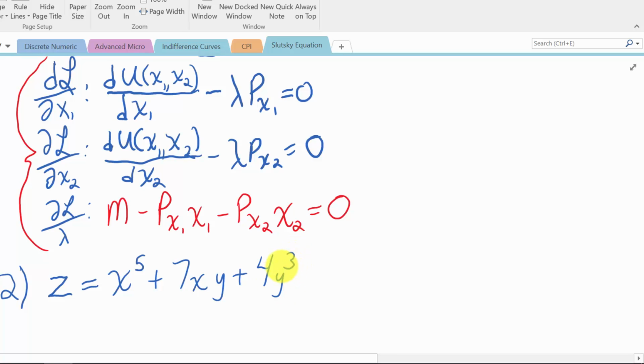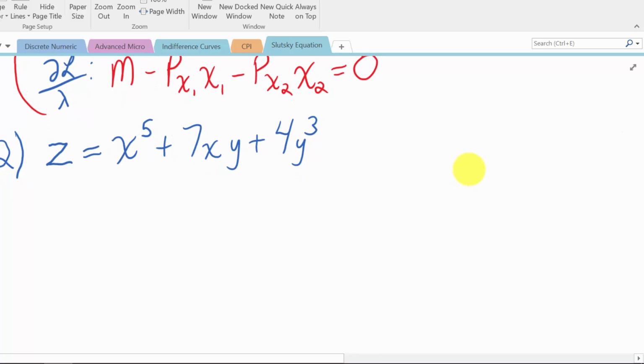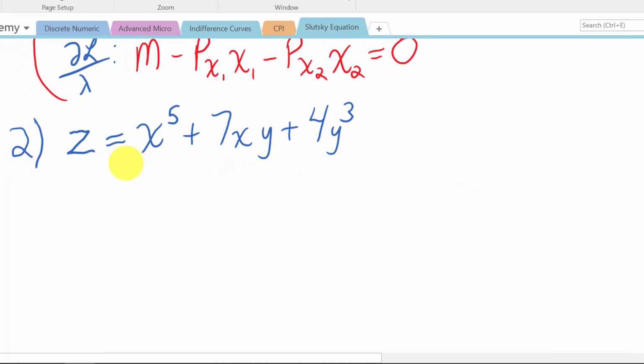So we can see how each of these get treated a little bit differently. When we take the total derivative of this equation, what we want to do is see how every variable on the right, each explanatory variable, when there's a change, what are all the different ways that that can change the z, the dependent variable over here.